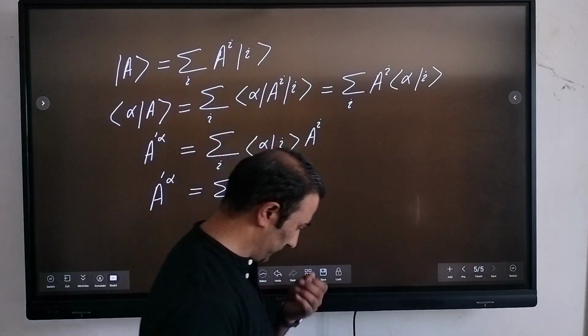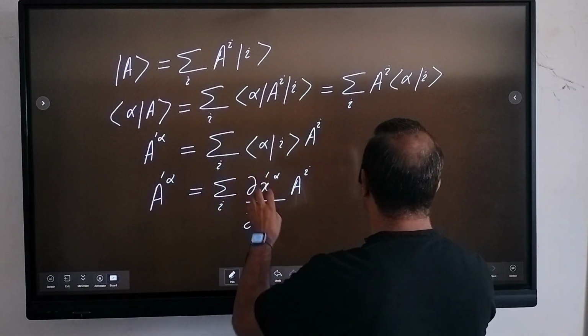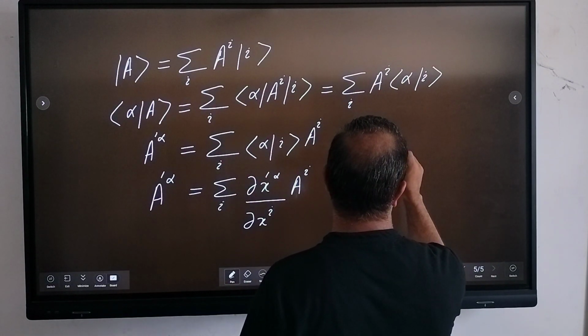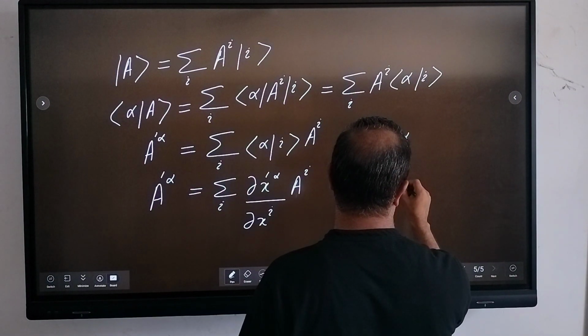So just check. That means this transformation matrix, what I wrote here: a transformation matrix is partial x prime alpha, partial x_i.